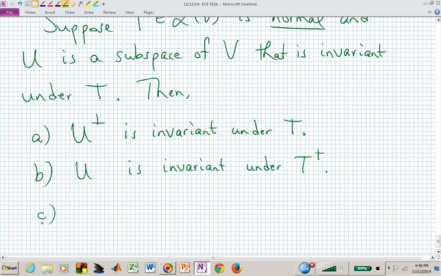C is if we look at the operator T restricted to the subspace U, and we form the adjoint of that operator, that's the same as looking at the adjoint of our original operator restricted to the subspace U.